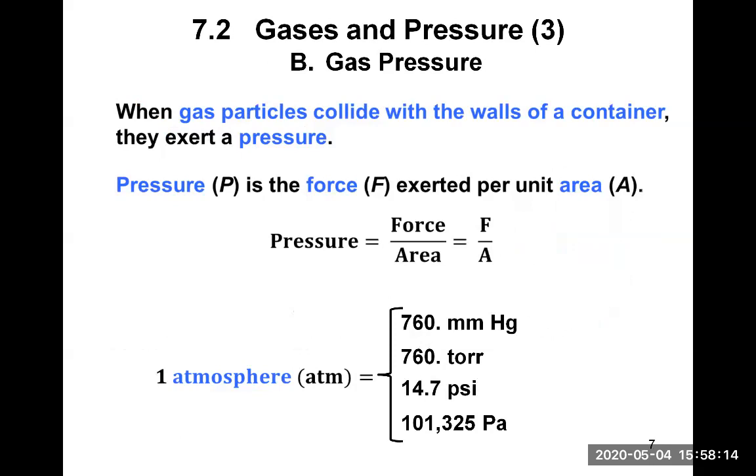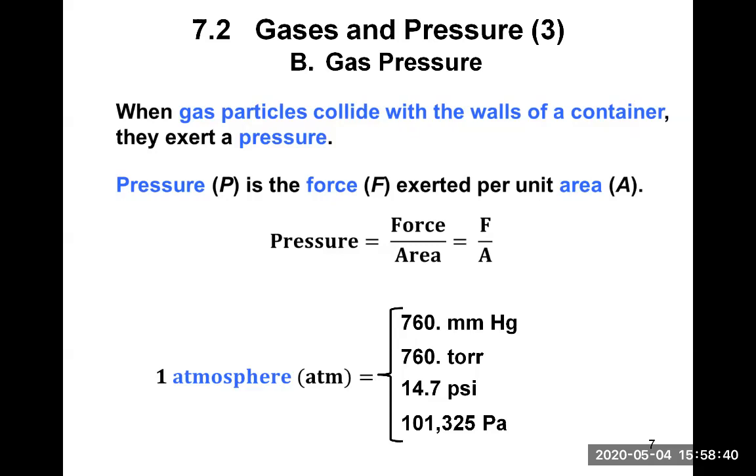When gas particles collide with the wall of a container, they exert a pressure. Imagine a particle hitting a wall. Where it hits the wall, it's like pushing on it, and that is called a force. You can give a value to a force per unit area, and that's what pressure is about.